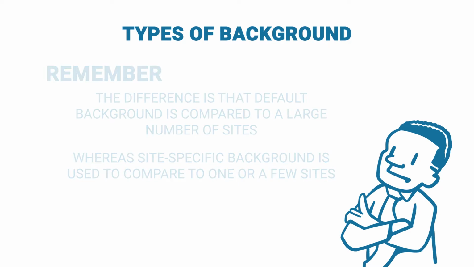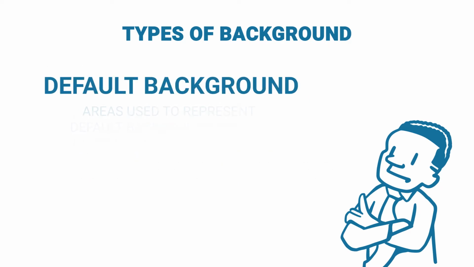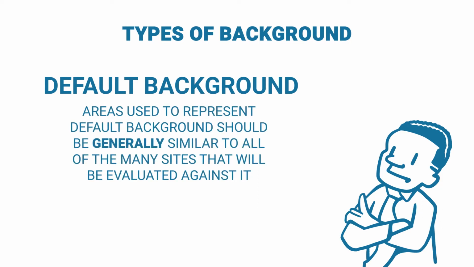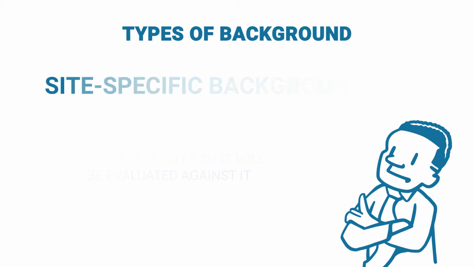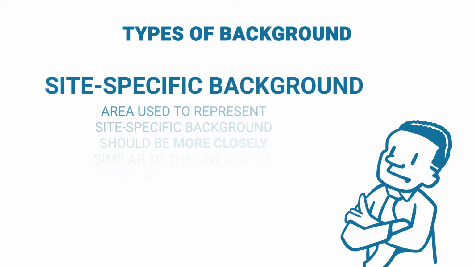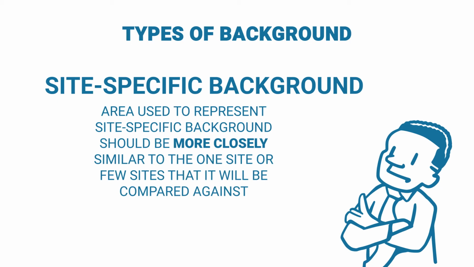This means that the area used to represent default background should be generally, and I emphasize generally, similar to all of the many sites that will be evaluated against it, and the area used to represent site-specific background should be more closely, and I emphasize more closely, similar to the one site or a few sites that it will be compared against.